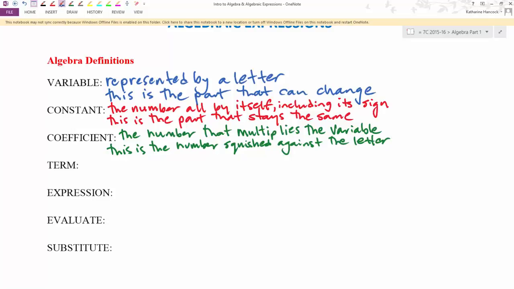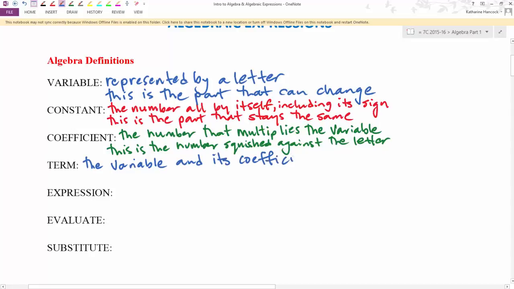Now, term is when you have the letter and the number together, so the variable and the coefficient together. Term is the variable and its coefficient together.